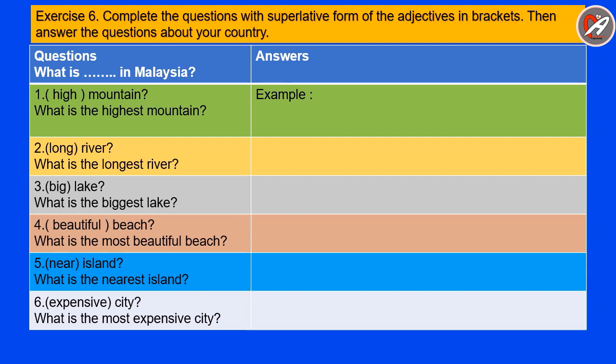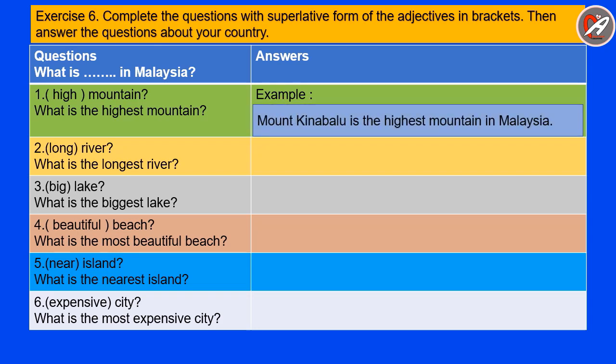What is the highest mountain? The superlative form for the adjective high is the highest. So your answer should be: Mount Kinabalu is the highest mountain in Malaysia, because you're going to talk about your country, and your country is Malaysia.